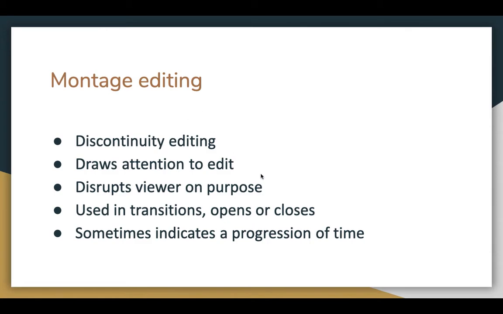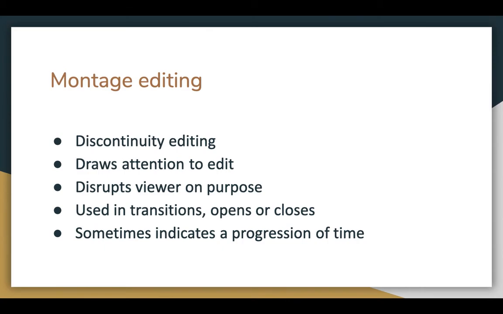So montage editing, and sometimes this will help you in some sort of transition. Montage editing isn't like the traditional where you see montage showing progression of a person's personality. True montage editing is when you're juxtaposing two images. So if you're showing someone running really slowly, you might juxtapose that image with the image of a snail or a sloth, and then go back to the person running, and then go back to the snail.